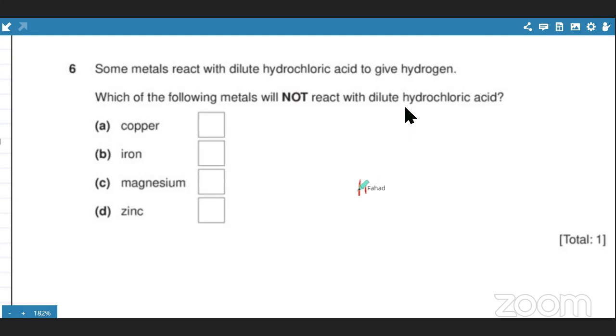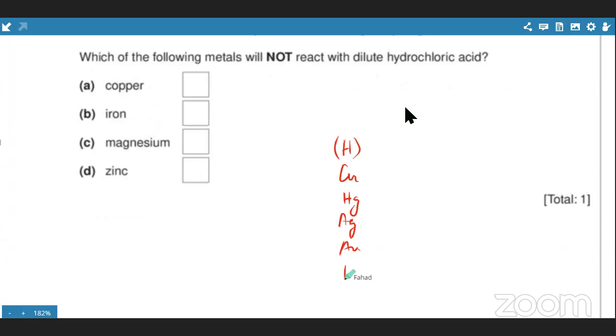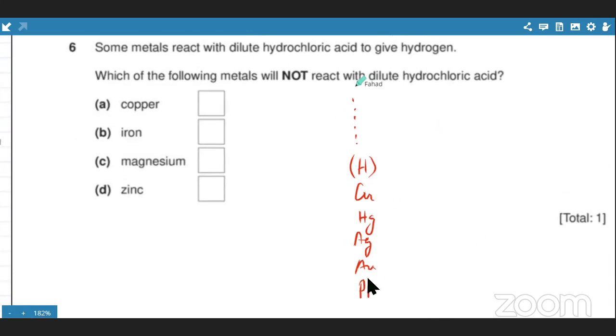The metals that are below hydrogen in the reactivity series, for example, copper, mercury, silver, gold, and platinum. You can remember there are lots of metals that are above hydrogen in the reactivity series. So the ones that are below hydrogen, they pretty much don't have a reaction with, at least with dilute acids. They need really concentrated acids. So not with dilute acids.